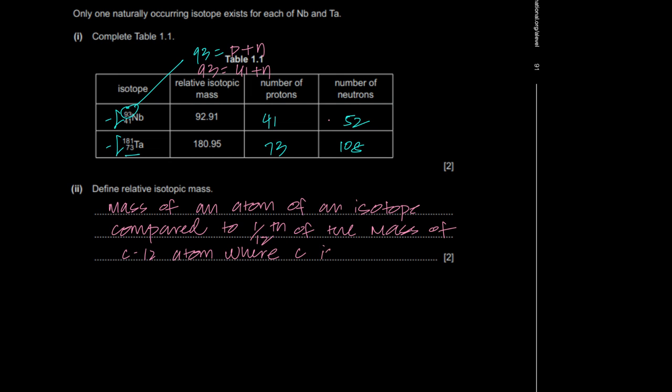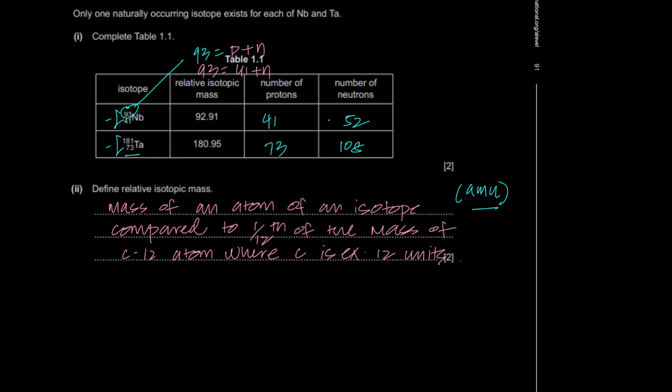And we can also write the definition as mass of an atom of an isotope compared to AMU. AMU means unified atomic mass unit, which basically is the mass of 1/12 of a carbon-12 atom. Yeah, that's pretty much that.